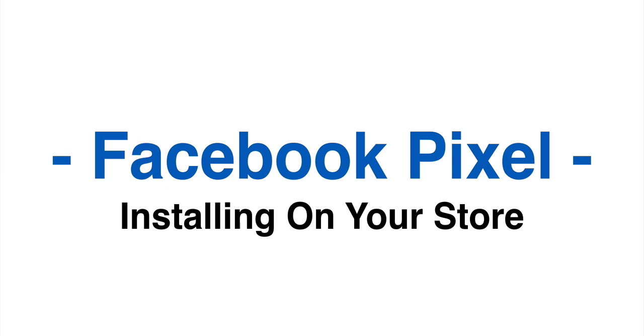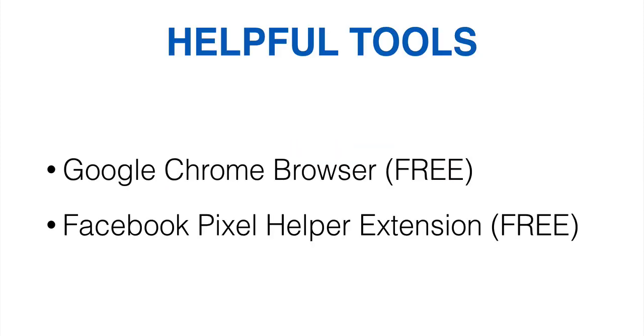But first, I want to go over two very helpful tools that you can use when you're installing your Facebook pixel, okay? So the first thing is the Google Chrome browser has a really special tool that you can use to verify if your Facebook pixel is working correctly.